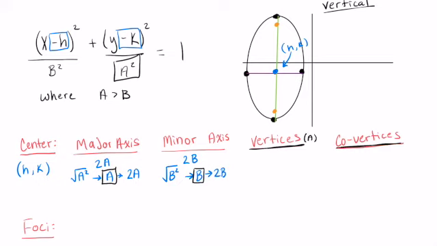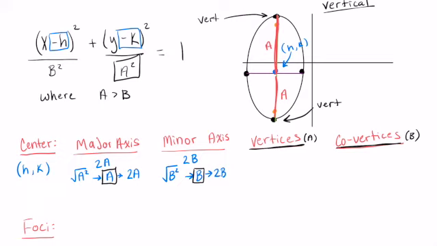My vertices are used with A, and my co-vertices are used with B. The length from my vertices, which are always attached to my major axis, is a length of A. That's why the length of the major axis is 2A, because there are two of them.